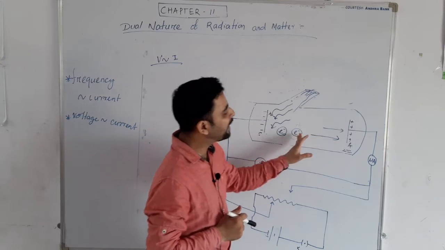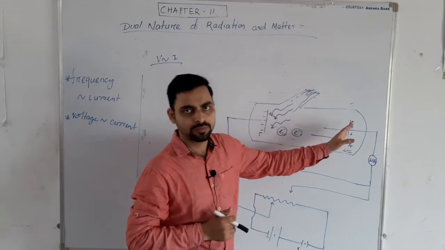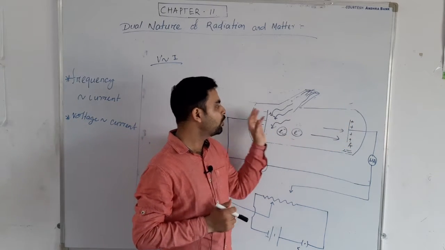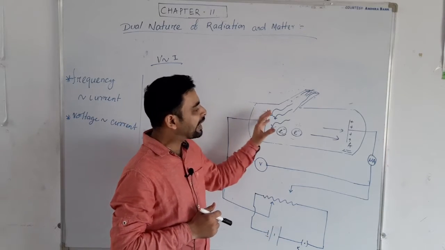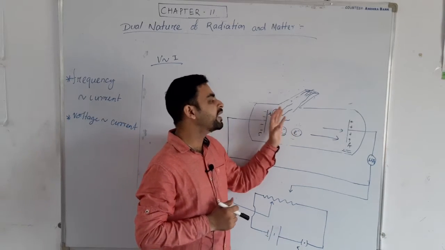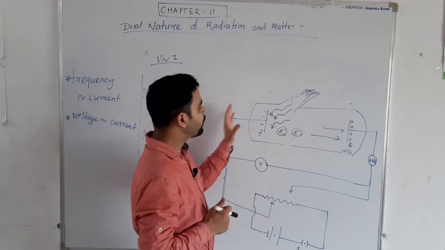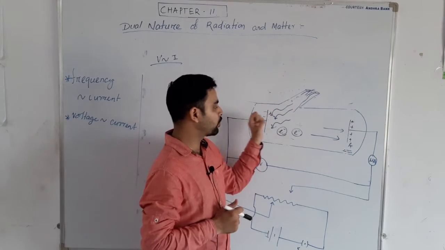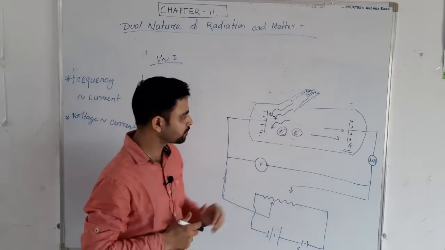So some electrons will reach plate A and some may not. Here the battery pushes the other electrons to reach this end. The battery applies force to move these electrons from this plate to plate A.